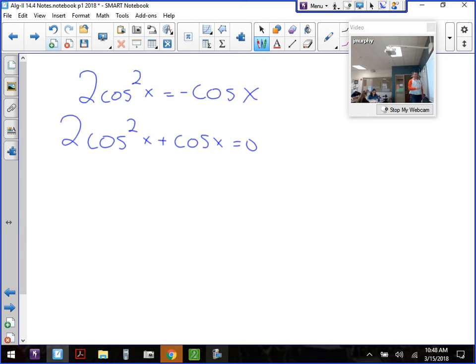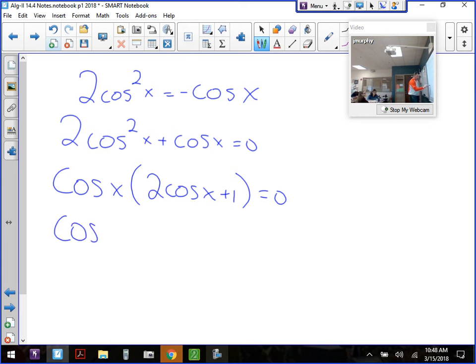Factor it out. Do I now have two terms that are set equal to 0? Set them both equal to 0. And then, what angle has a cosine of 0? What angle has a cosine of negative 1/2? Okay. And then go through the circle to figure that out.